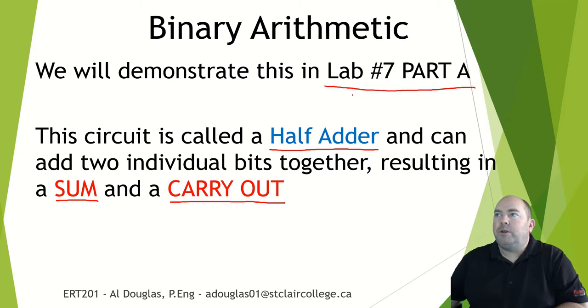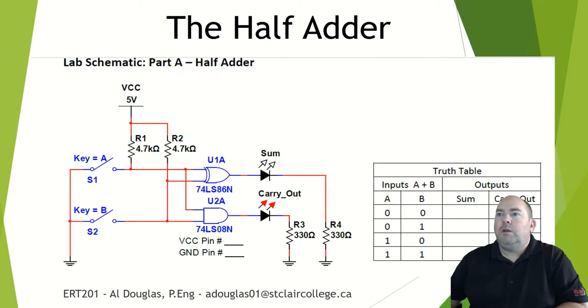We will build this circuit in Tinkercad, and it will look like this. So we have input A and input B, so here and here, and we will build and test this. We will test all these different combinations, and what you will find here is it will look just like we just had.